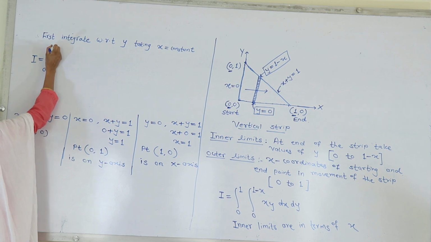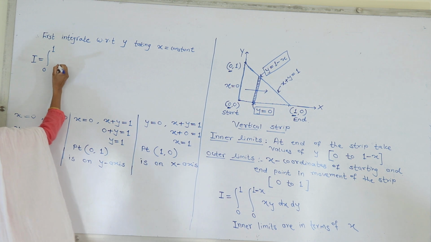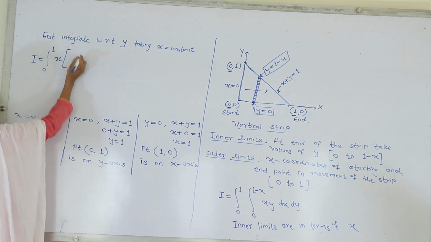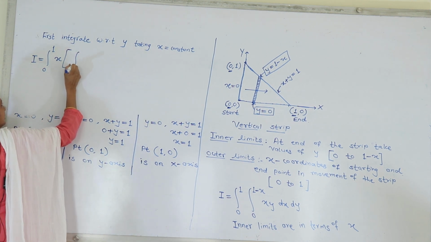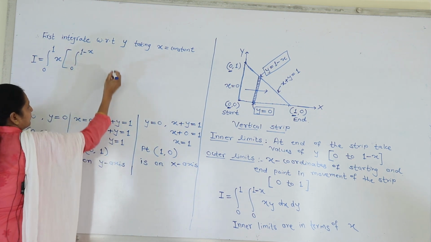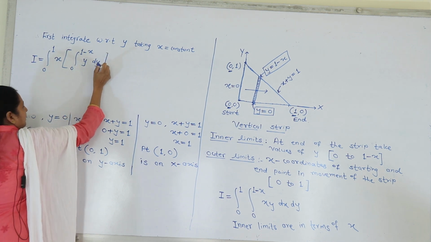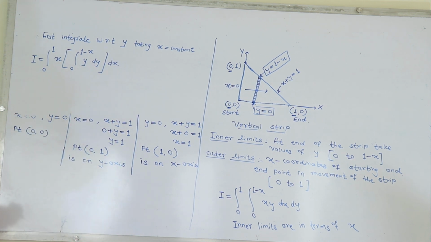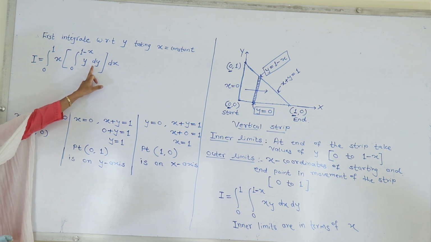The outer limits are 0 to 1. Now if x is constant and it is multiplied with another term, then we can take it outside because x is constant now. Then the first integration is 0 to 1 minus x. The integration is with respect to y first, so y dy, and bracket complete, then dx. If the first integration is with respect to y, then dy should be first and then dx.